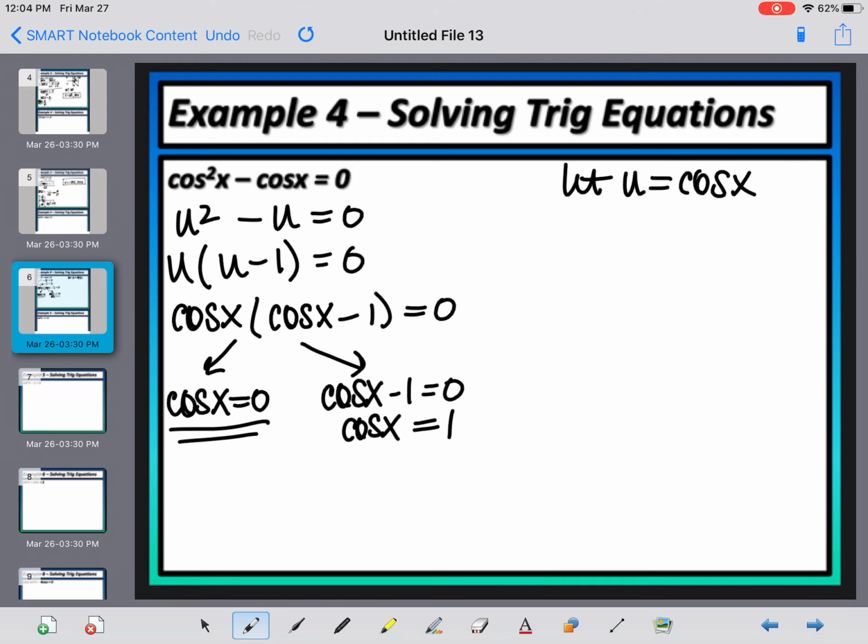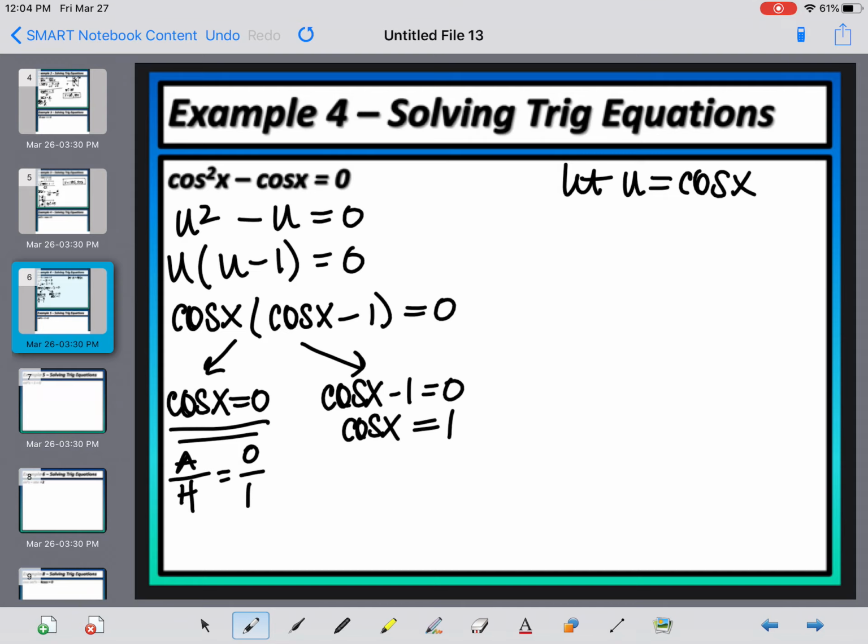Okay, so we're going to have to find our angle for each one of these expressions. So let's talk about cosine x equals 0 first. So being adjacent over hypotenuse, okay, in order to get 0 as a final expression, we would have to have 0 over 1 or 0 over negative 1.